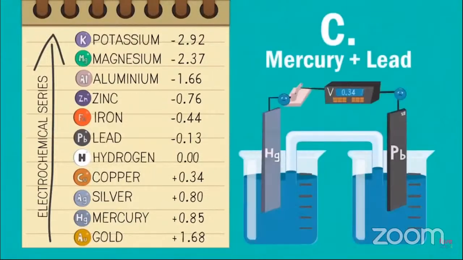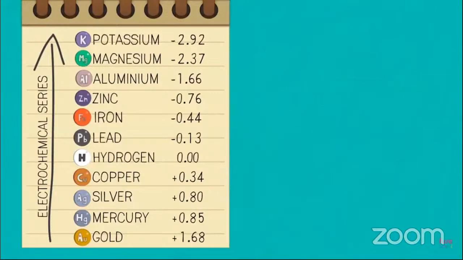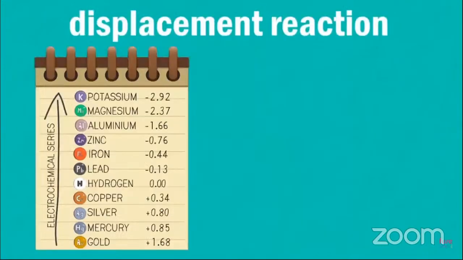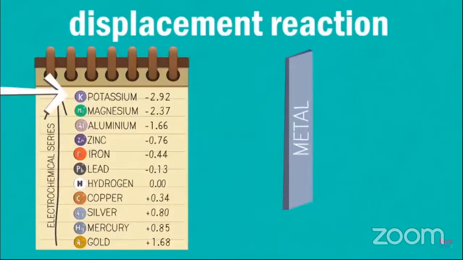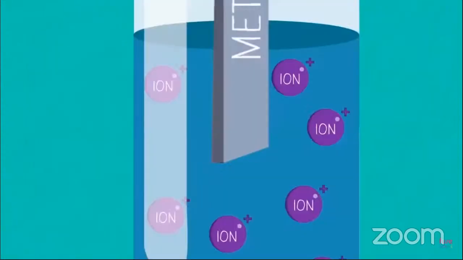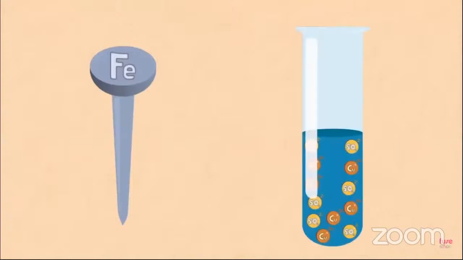And for C, the answer is the electrons move from lead to mercury. You can also use the electrochemical series to predict a displacement reaction when a metal from the electrochemical series is mixed with ions of a metal lower down in the series. The atoms of the more reactive metal push their electrons onto ions of the less reactive metal. Let's consider what happens when an iron nail is placed in a solution of copper sulfate.